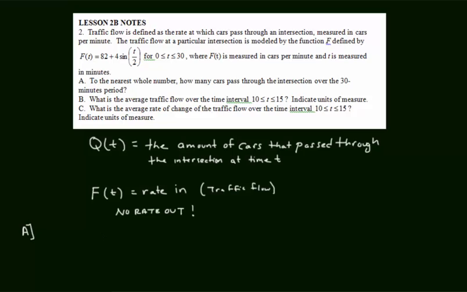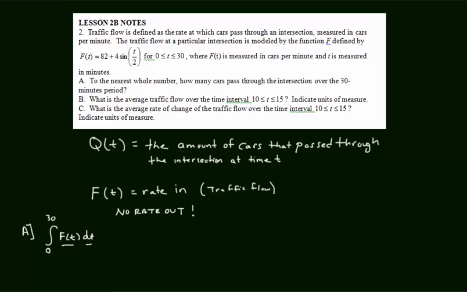Part A. To the nearest whole number, how many cars pass through the intersection over the 30-minute period? Well, we're going to integrate the infinite sum from 0 to 30 of our rate f of t dt. Again, rate times time.